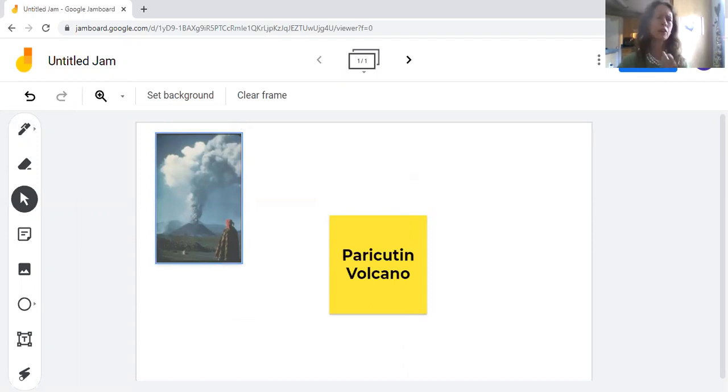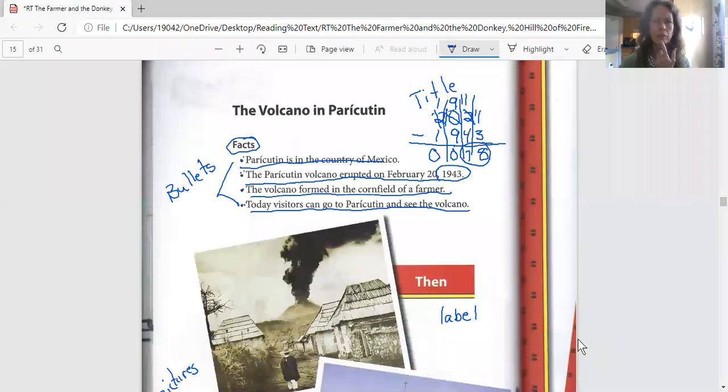When did the volcano erupt? Let's look back on our text. Yeah, that's right. Right here. February 20th, 1943. Okay, let's go back and put that in. February 20th, 1943.